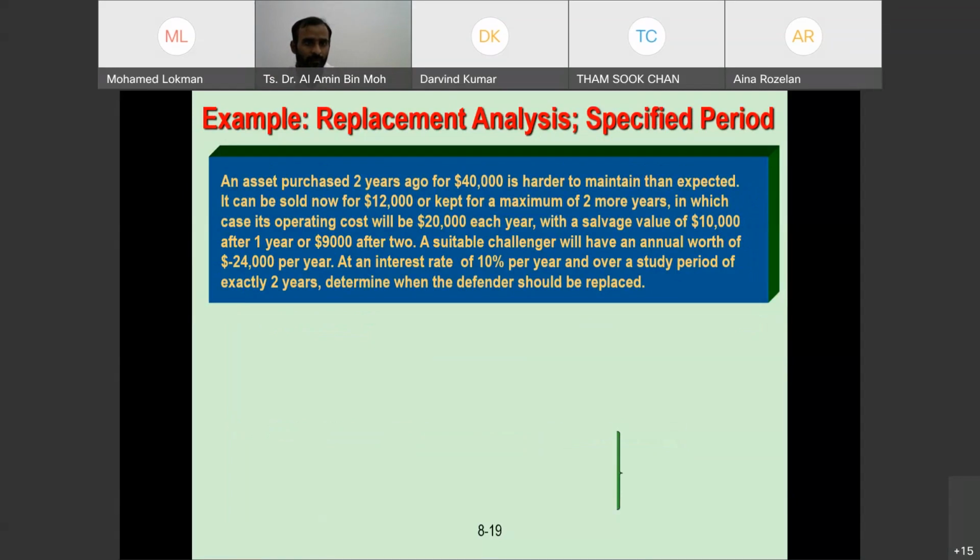A suitable challenger has an annual worth of 24,000 per year, interest rate 10%, over a study period of exactly 2 years. So now they give N is 2. Determine when the defender should be replaced. So what do we need to do now?